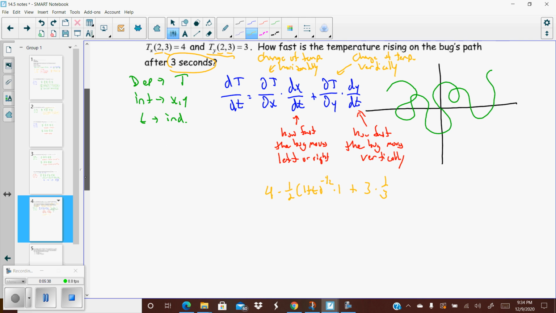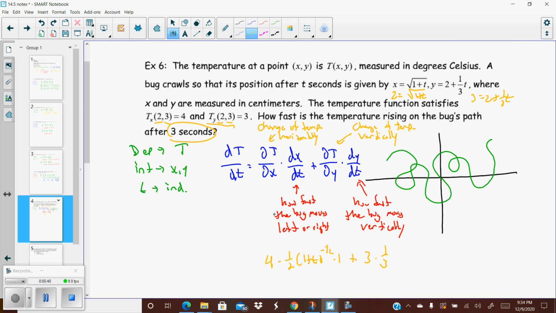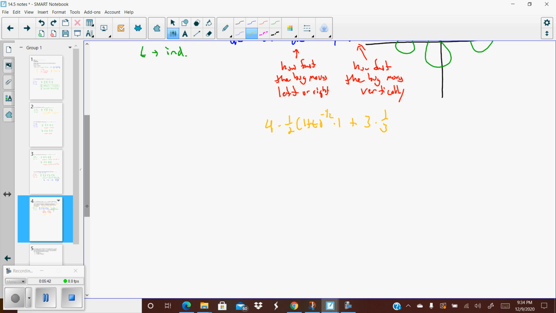So now we can just simplify this. 4 times a half is 2. Plugging the 3 in for t, we get 4 to the negative 1/2 plus 1. 4 to the negative 1/2 is the square root of 4, which is 2, but flipped over as a half. So 2 times a half is 1. 1 plus 1 is 2.